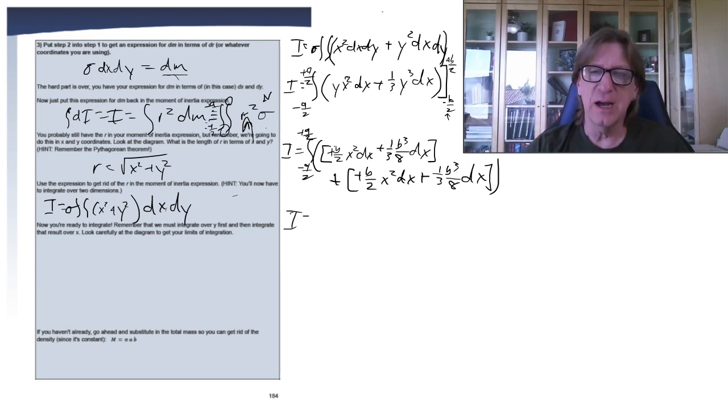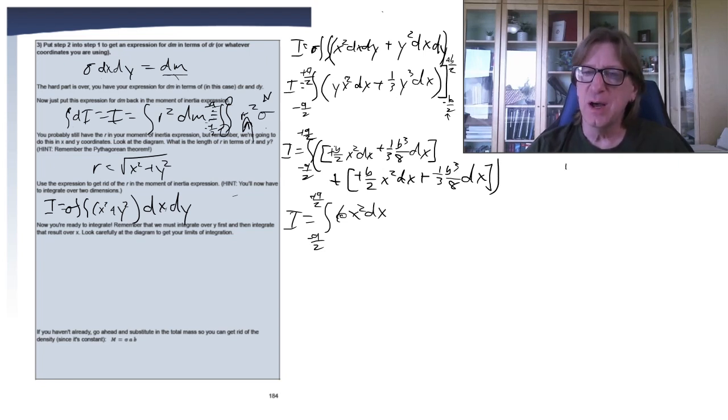And so I get I is the integral from minus a over 2 to plus a over 2. b over 2 x squared dx plus b over 2 x squared dx is b x squared dx. Then combining these, 1 over 3 times 8 is 24.